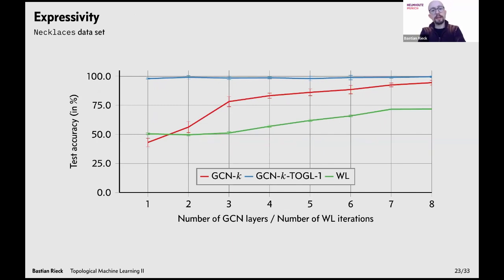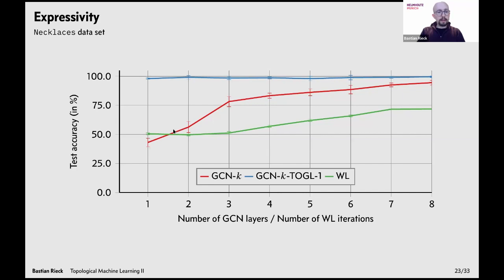And here we find a very interesting phenomenon, which one might almost call undersaturation, if one was so inclined, because we see that our method, the blue one again, the GCN with one topology-based graph layer, always works out. You get some standard deviation, of course, but it's pretty much perfectly capable of distinguishing between those types of graphs. The GCN is really not doing a good job here.